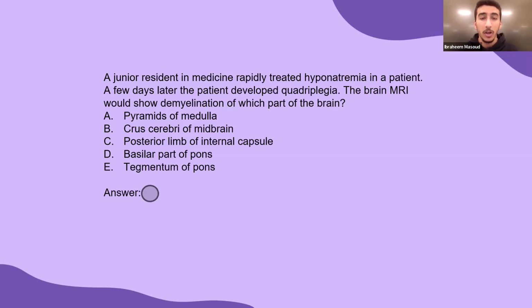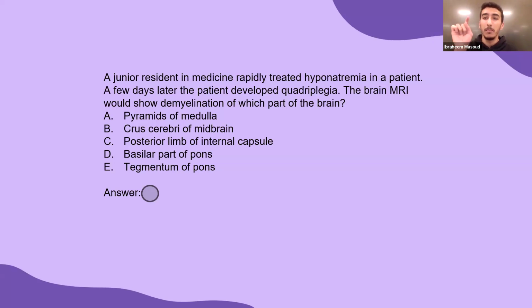So this is a high yield case. I'm not sure if you'll get a question, but generally just know if someone with hyponatremia is treated rapidly, someone is already answering, mashallah. That's right. If you treat someone with hyponatremia really quickly, so you basically flush his blood with sodium to treat the hyponatremia, and it's a mistake, by the way. You have to be very careful.